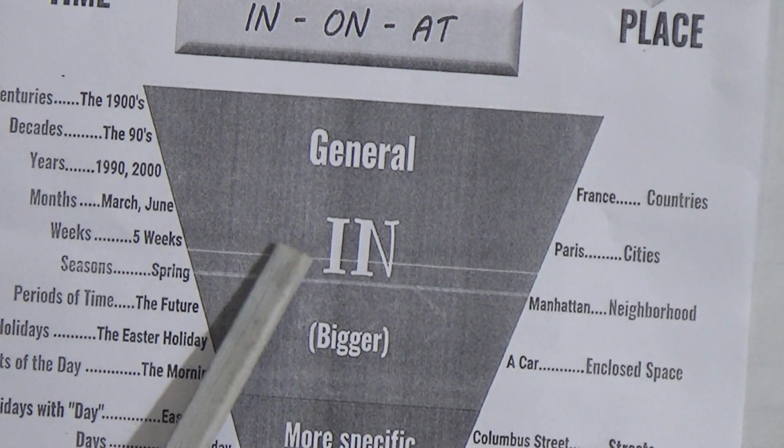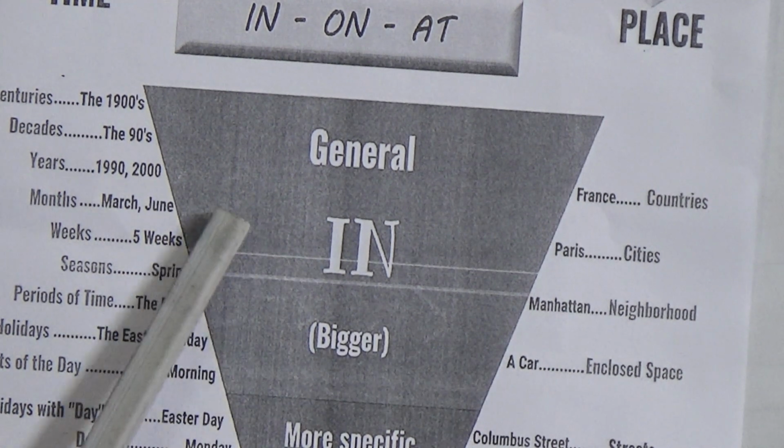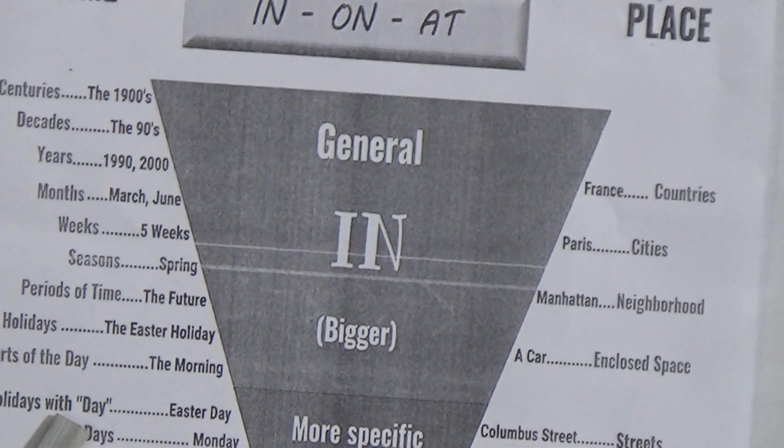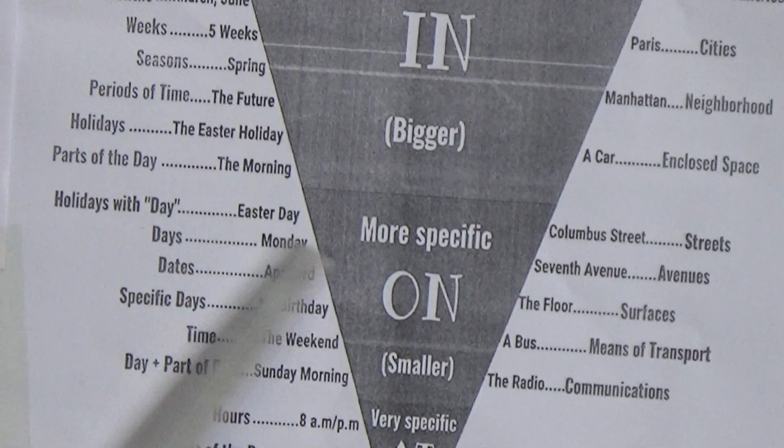But when it is more specific, we will use on. On is in a smaller sense. Again we will start with time, holidays with day. If there is any holiday with day, like Easter day, Eid day, Christmas day, we will use on Christmas day, on Eid day, on Easter day.